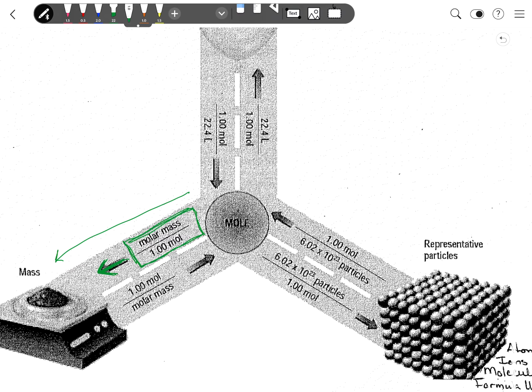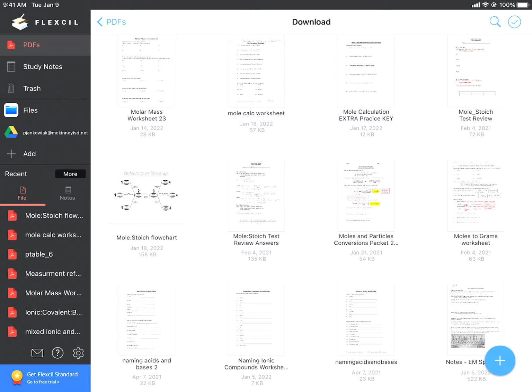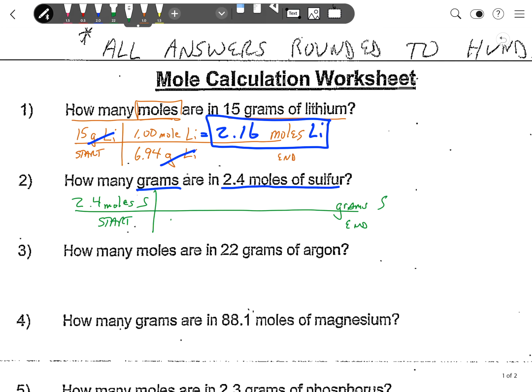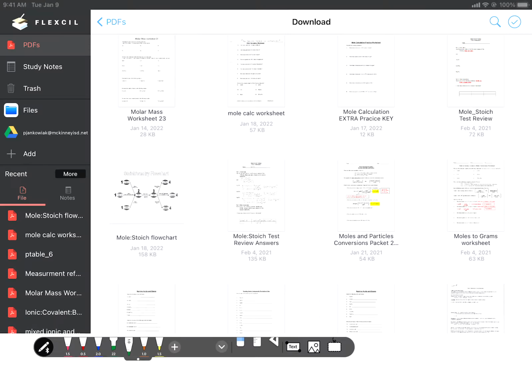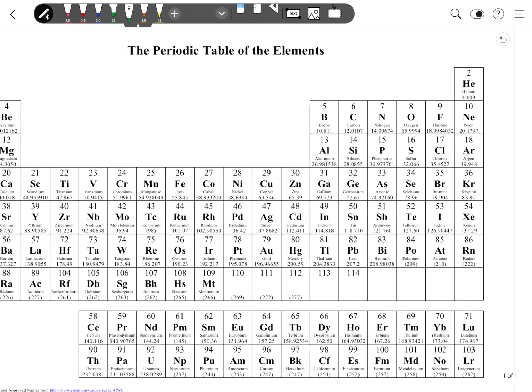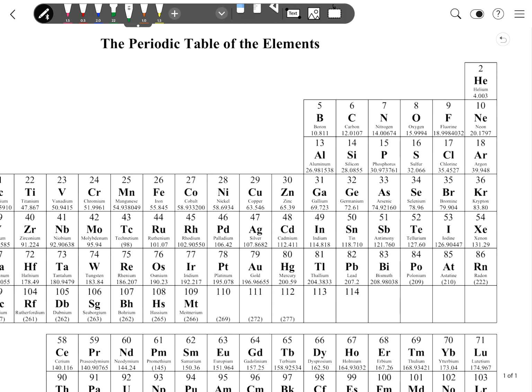So we can go back to our worksheet and do that. 1 mole of sulfur goes down here, and then the molar mass of sulfur. If you don't remember how to get the molar mass, go to your periodic table and look for sulfur. There's the molar mass. We're going to call it 32.07, rounding to the hundredths, which is what we're doing for this assignment.